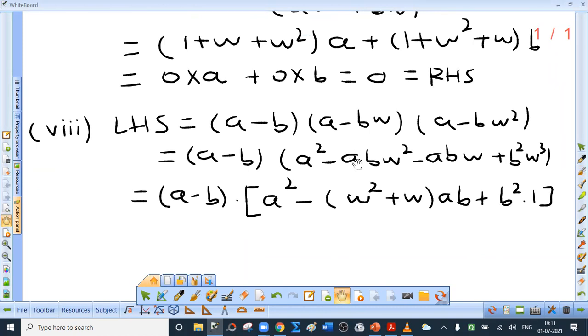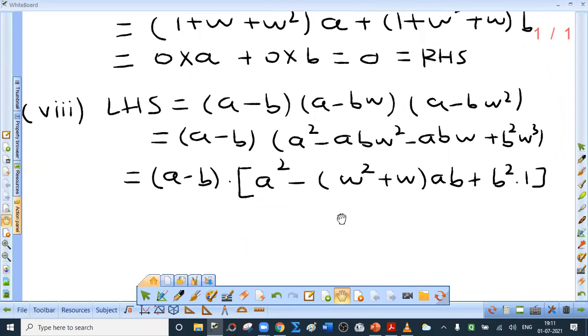So a square minus ab omega square minus ab omega plus b square omega cube. So a minus b into a square. Take minus ab common. In the bracket you get omega square plus omega. Now I will write this is a minus b into, in the bracket, a square. I will directly write minus 1 for this.